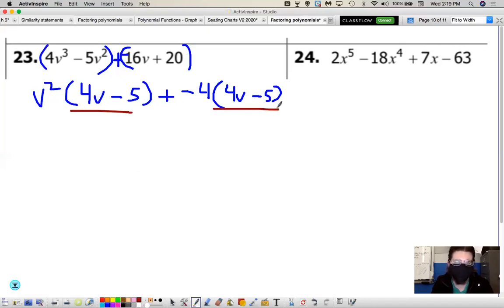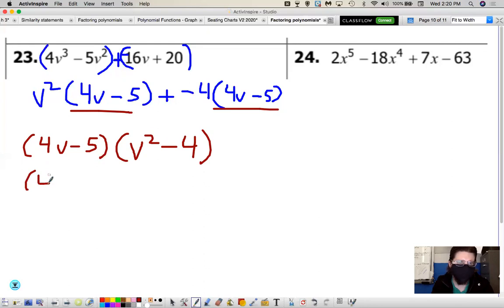Common factor in the two terms. Take it out. 4v minus 5 times v squared minus 4. Go ahead. Hopefully you see it. It is a difference of squares.